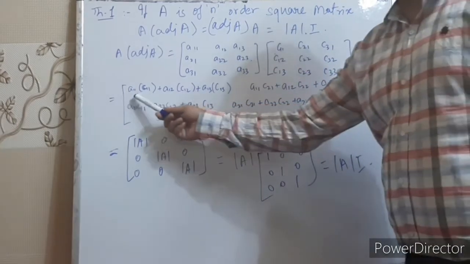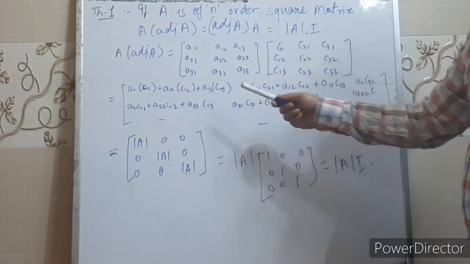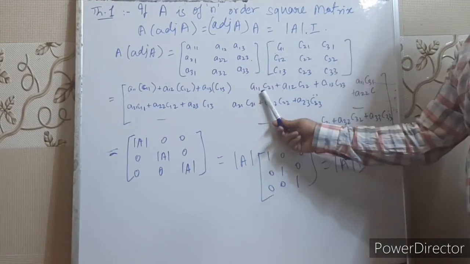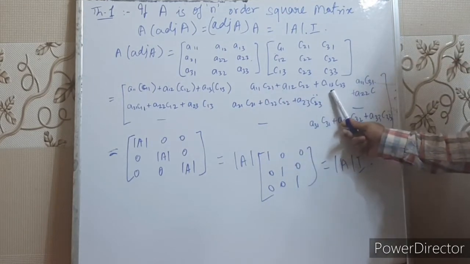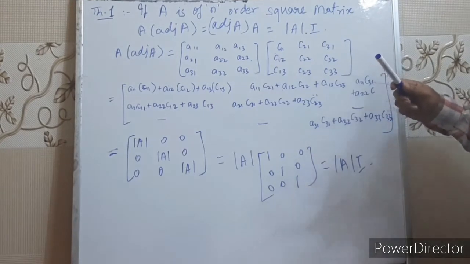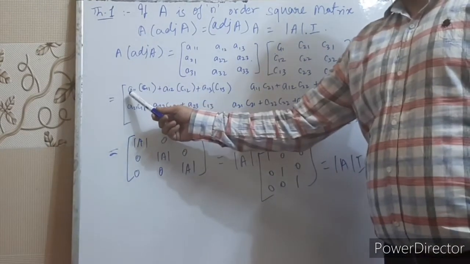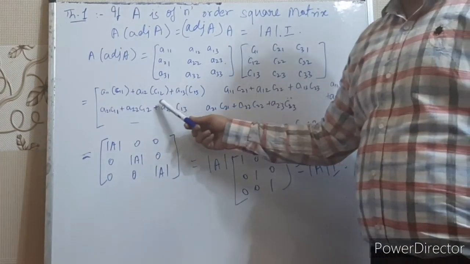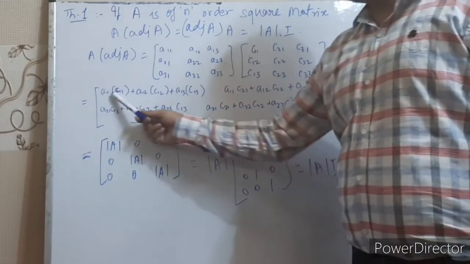When we do that, we get A11 C11, A12 C12, A13 C13. Then first row, second column: A11 C21, A12 C22, A13 C23. Remember, children, we have discussed in the properties of determinants that if the elements are multiplied with their corresponding cofactors, that is the expansion of the determinant, and that will be the value of the determinant.